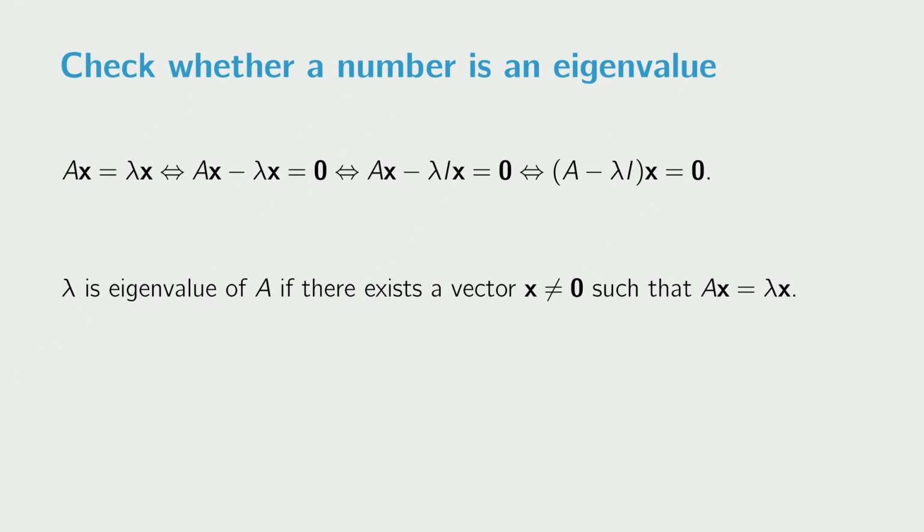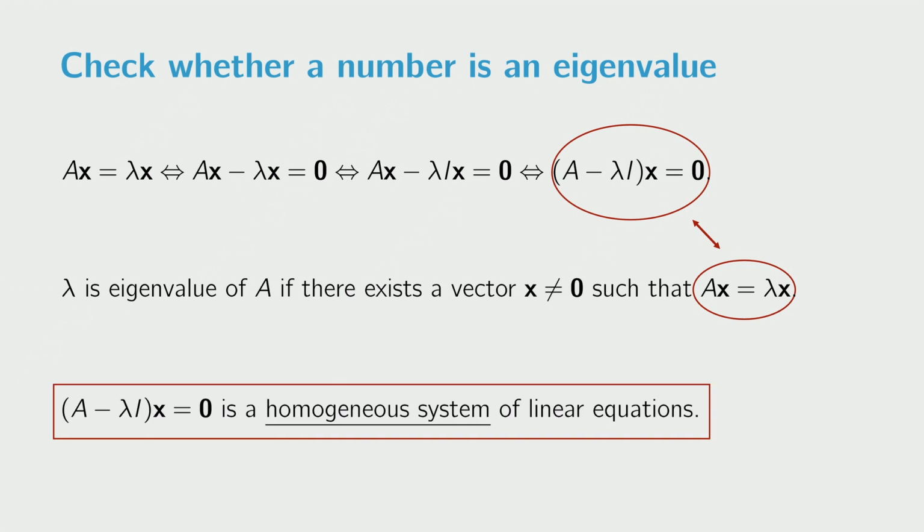This implies that the definition of an eigenvalue can be rephrased by replacing the condition A times x is equal to lambda times x by the equivalent condition A minus lambda times I times x is equal to the zero vector. This is easier to deal with because it has the familiar form of a homogeneous system, which we know how to solve.